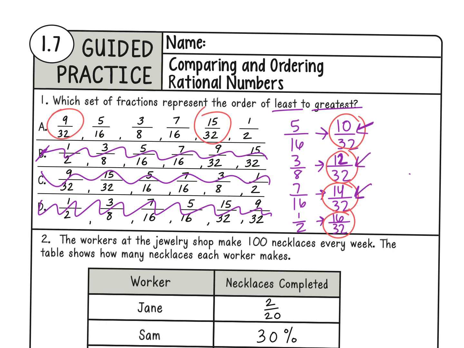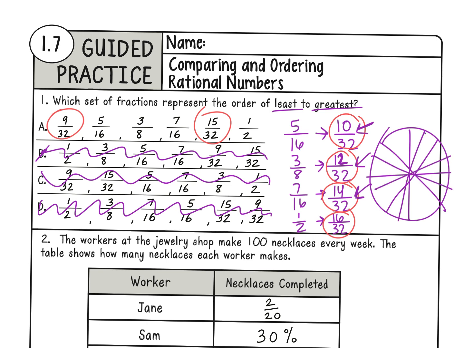So going back to that piece of pizza, okay, I have basically split this pizza up into 16 teeny, tiny parts, and then I cut those up again into 32nds. So this is like 32 pieces of teeny slivers of pizza.